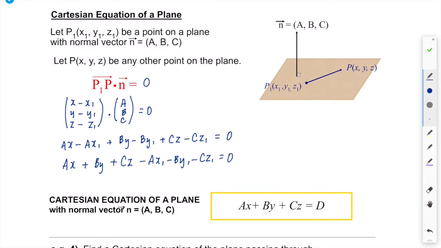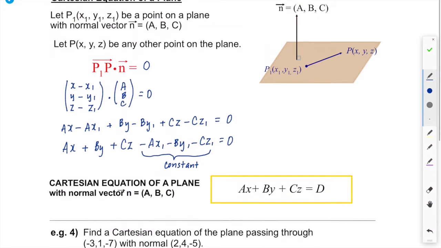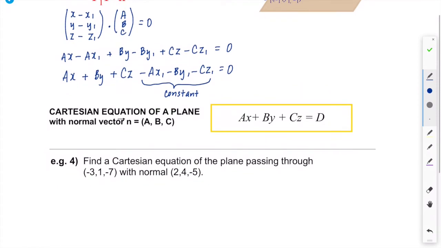Recognizing that these terms being subtracted carry actual values, right? They're specific points. So this is actually a constant, and I can call this negative d on this side. So when I rearrange the equation, I can write out the Cartesian equation of a plane, which is ax plus by plus cz equals d.